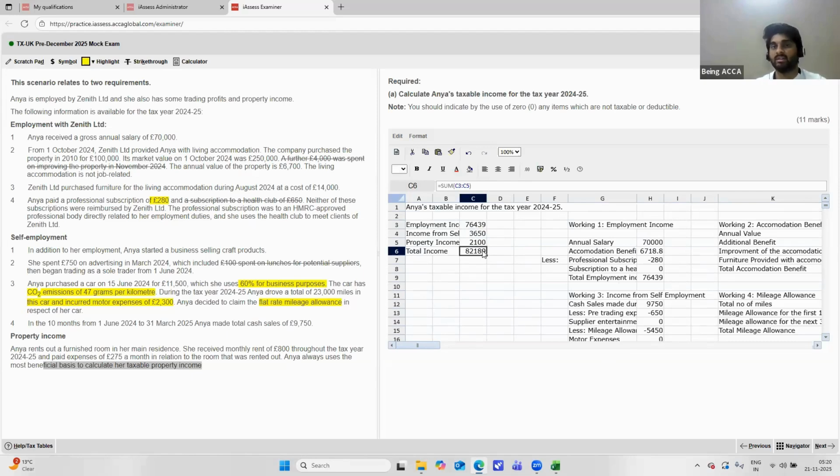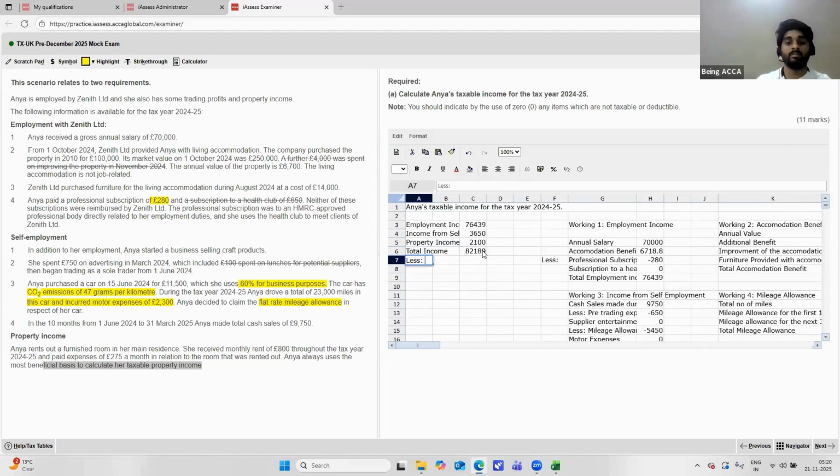The taxable income. So in order to calculate taxable income, should we deduct? We should deduct the personal allowance from the total income. And because the individual's income is within the threshold of 100,000, that means there will be no reduction to personal allowance.